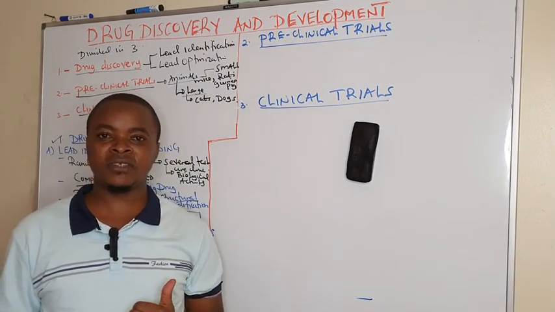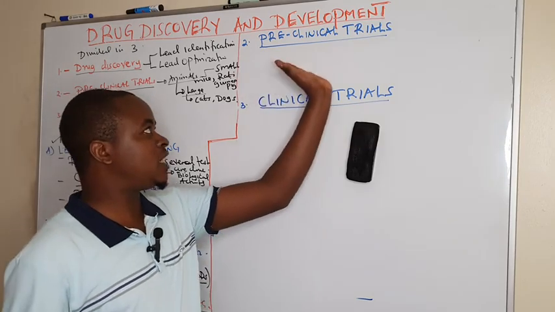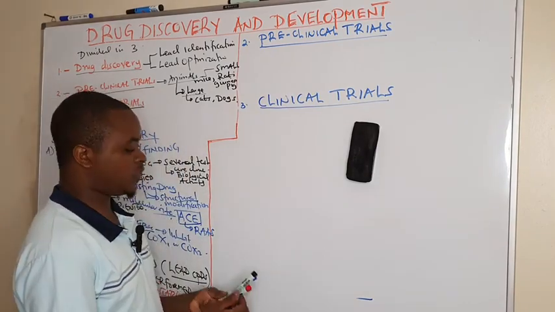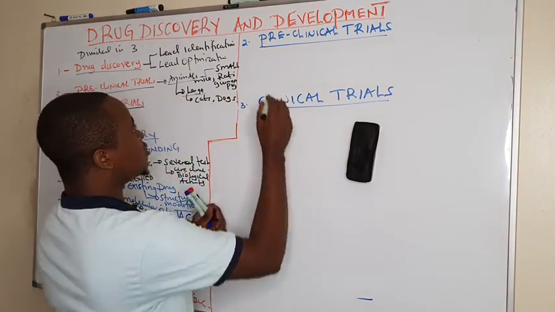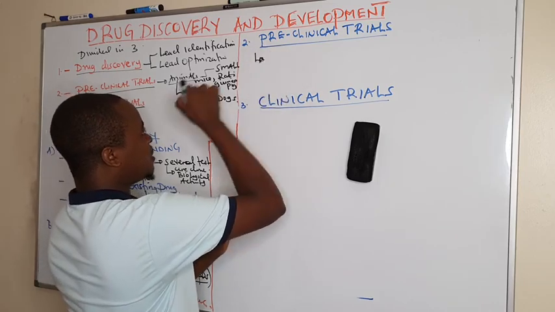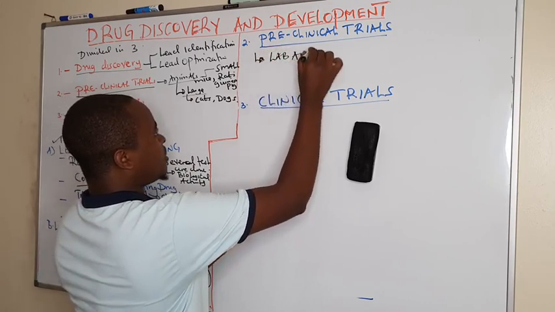That is the second phase. After you have come up with a suitable drug, we subject it to preclinical trials. Under preclinical trials, we are going to do what we call in vitro studies, and here lab animals are used.